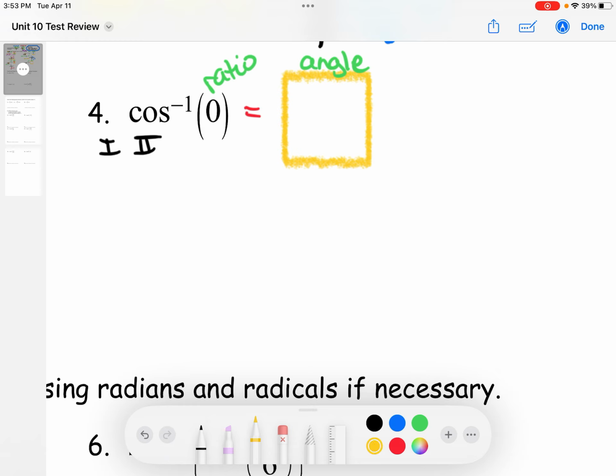Being zero as a ratio, we are on an axis, so we may not be in quadrant 1 or quadrant 2. But 0 is neither positive nor negative, so we can't really say if that's in quadrant 1 or quadrant 2.